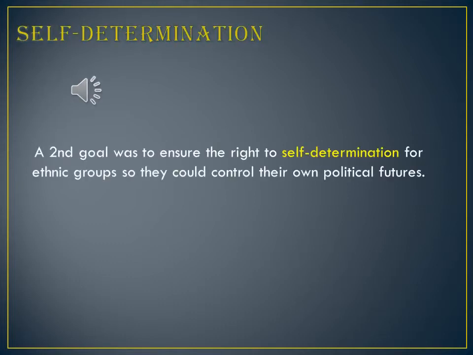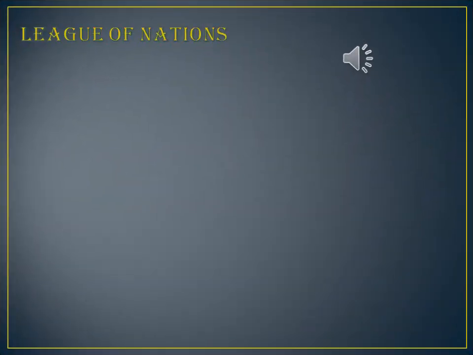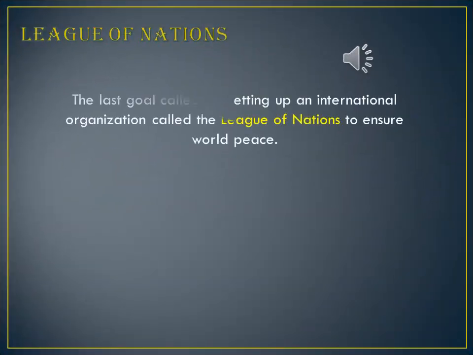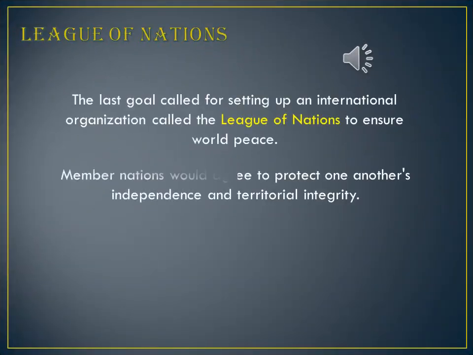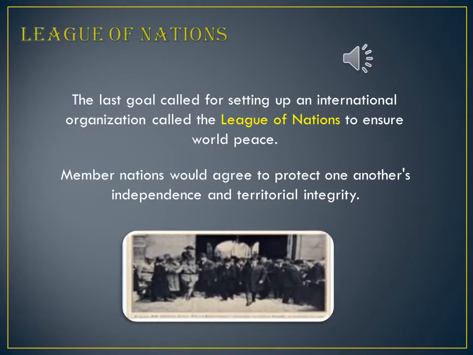A second goal was to ensure the right to self-determination for ethnic groups so they could control their own affairs. The last goal called for setting up an international organization called the League of Nations to ensure world peace.